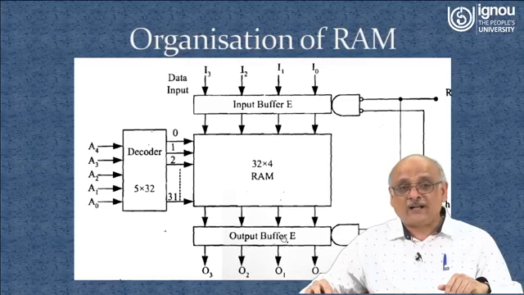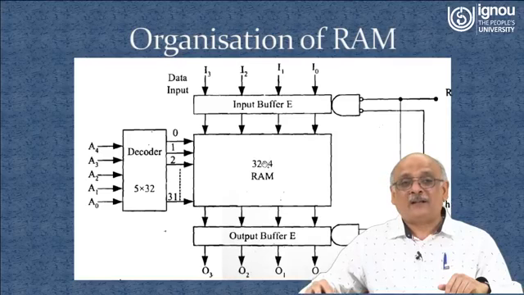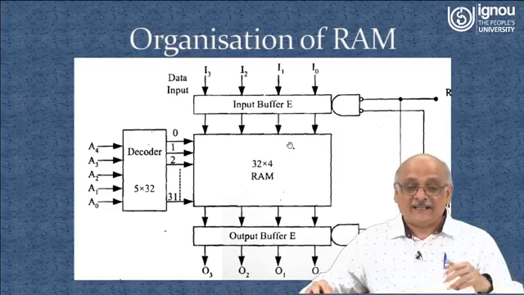Suppose you have issued a memory read operation for the second location, so this second line will be enabled, then this particular AND gate will be enabled, and all 4 bits will be read into the output buffer. This is how it works, and there is going to be internal circuitry where all those gates will be connected, which is missing here.